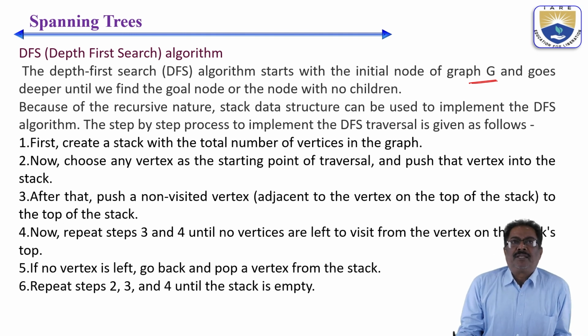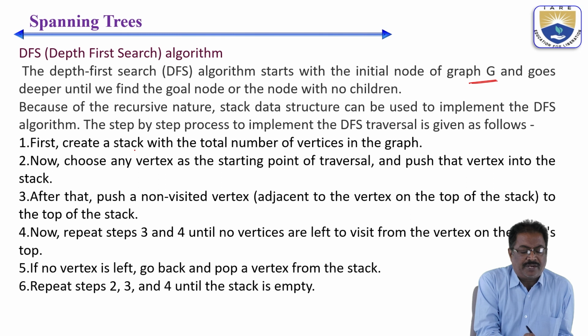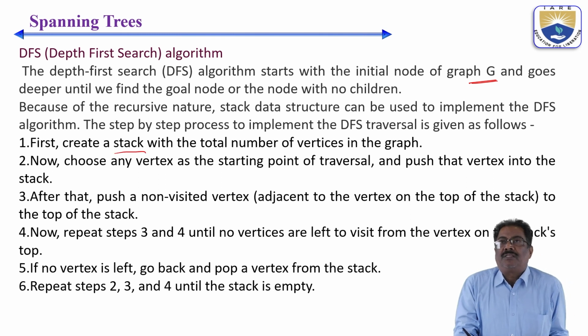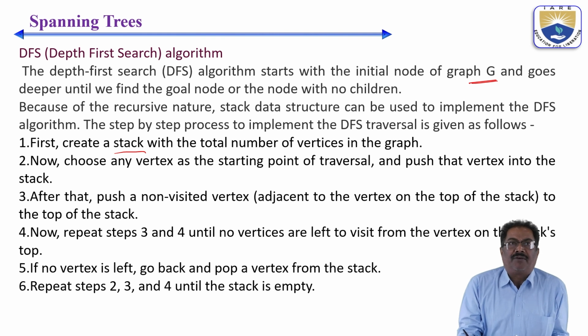So first, create a stack with the total number of vertices in the graph. Now choose any vertex as the starting point of a traversal and push the vertex into the stack.